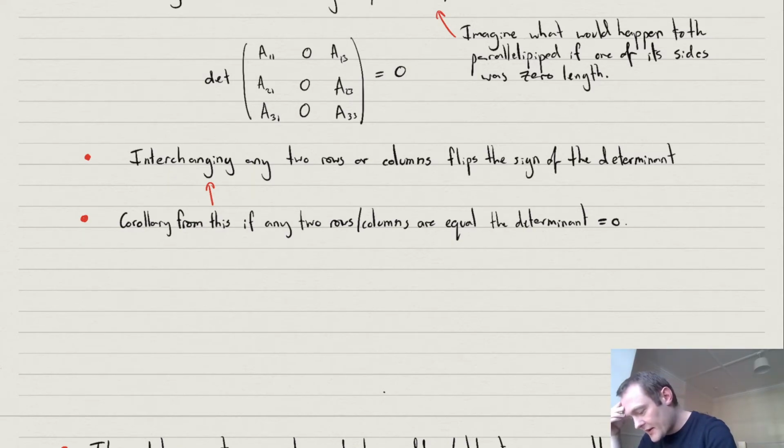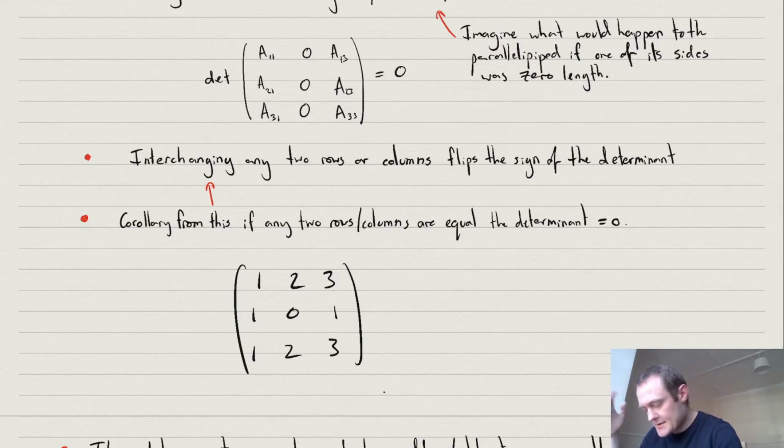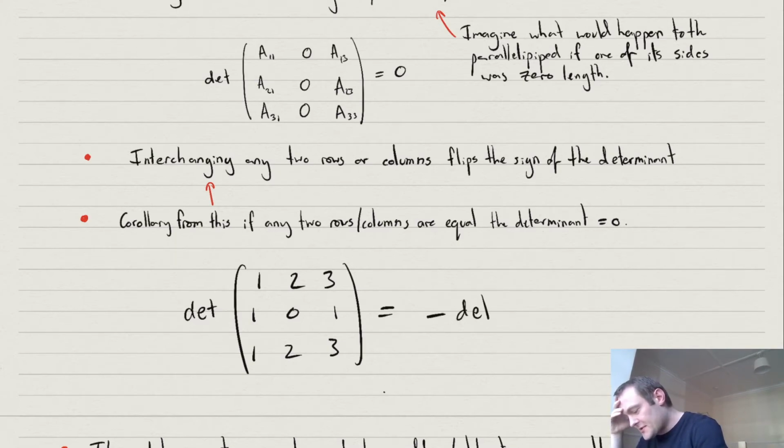So, if I had the matrix with rows 1, 2, 3; 1, 0, 1; 1, 2, 3, then I know that its determinant has to be equal to 0. So the determinant of this equals the negative of the determinant when I switch the first and the third rows, because these two are equal, so I could just switch these. But if I switch them, I'm going to get exactly the same matrix back because they are the same.